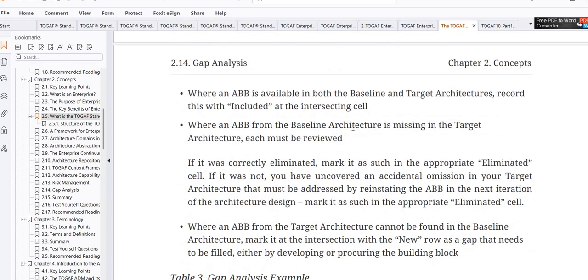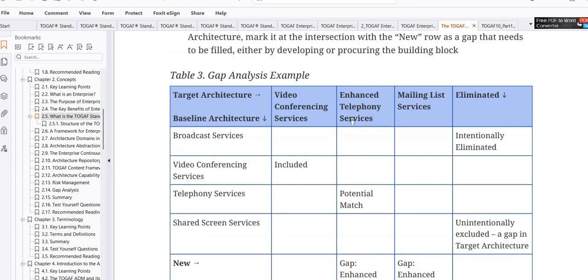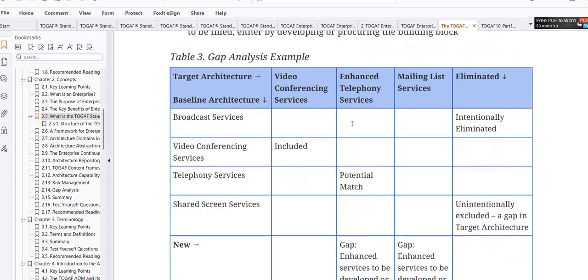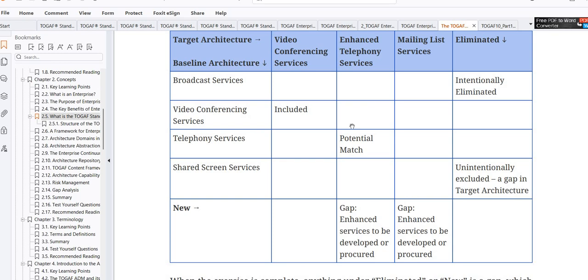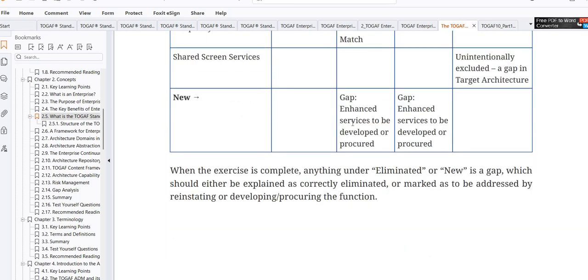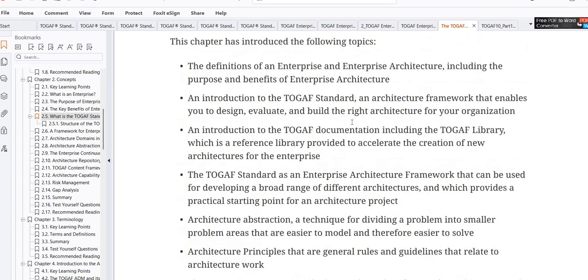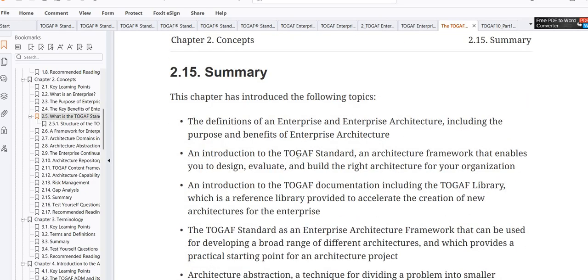ABB is all about the baseline and target architecture from the baseline architecture point of view. So gap analysis has two sides, the baseline architecture and the target architecture. What is the current state, what is the future state, and what is missing? That is how we identify the gap, which is very important in the gap analysis concept.